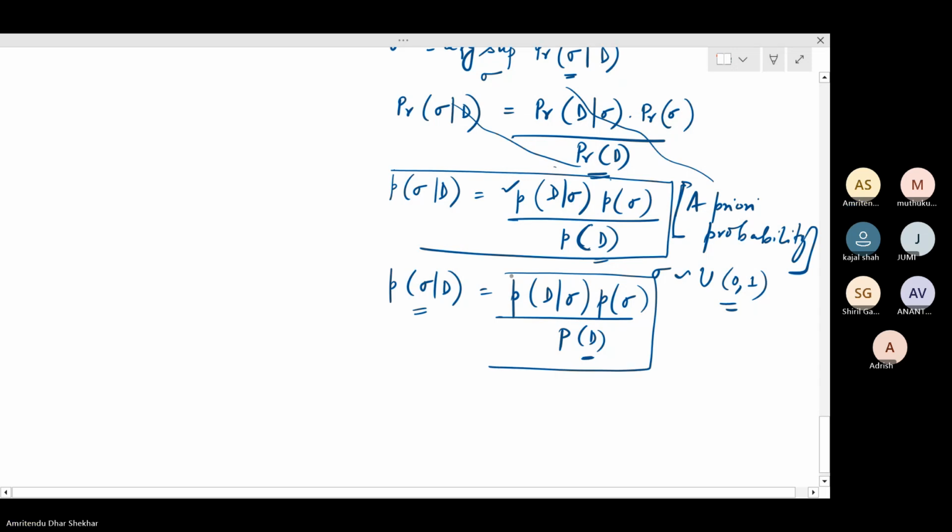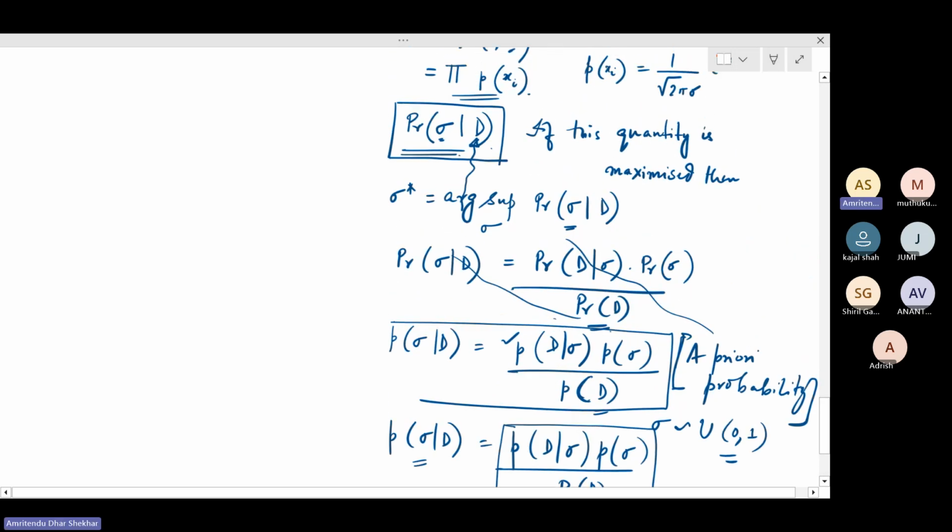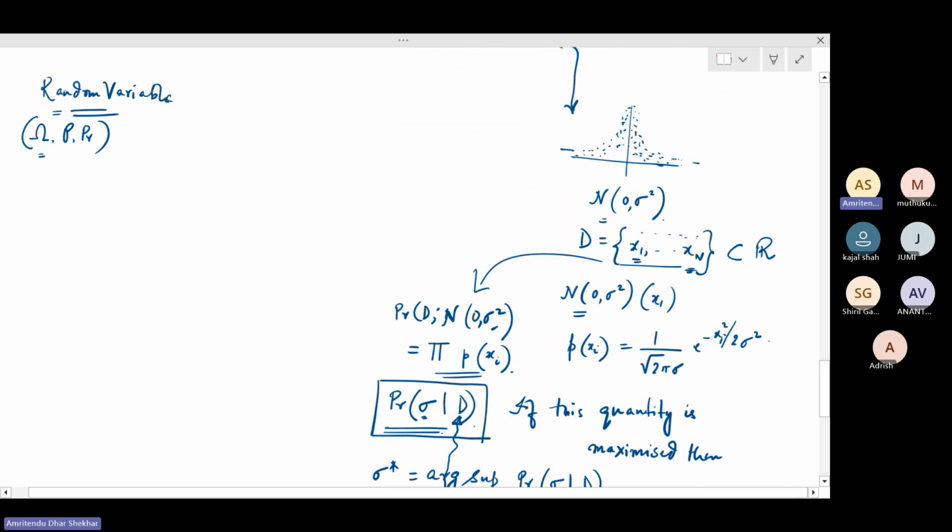This is one actual method in which you learn models. So this is one application where Bayes theorem is used.